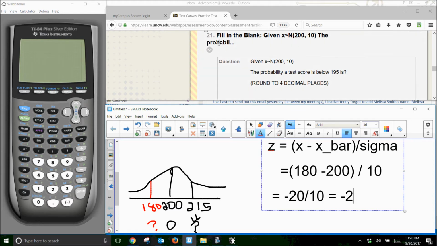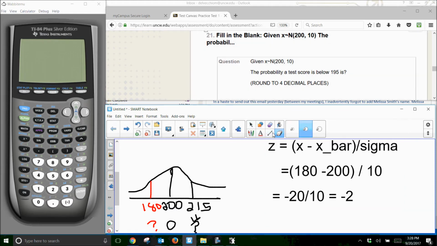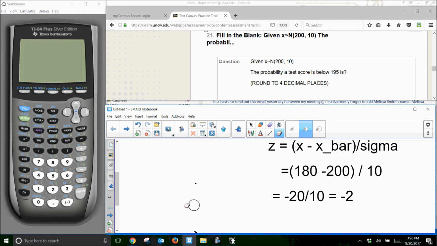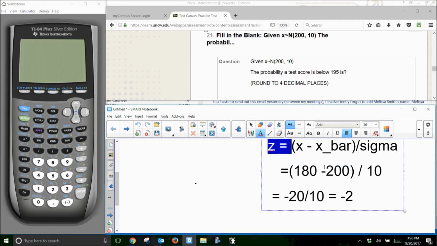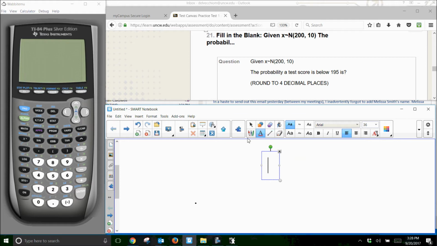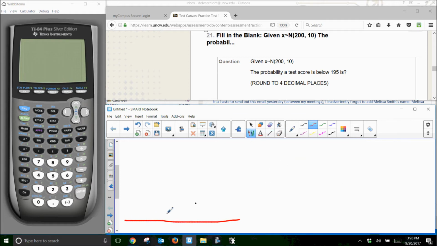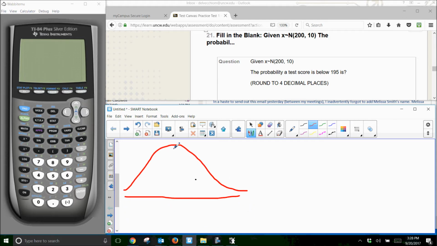All right, in problem 21, we're going to take a look at the probability a test score is below 195. So let me erase this. Okay. All right, let's draw a picture first. So here we have our normal curve. And again, in the middle, we have our mean.